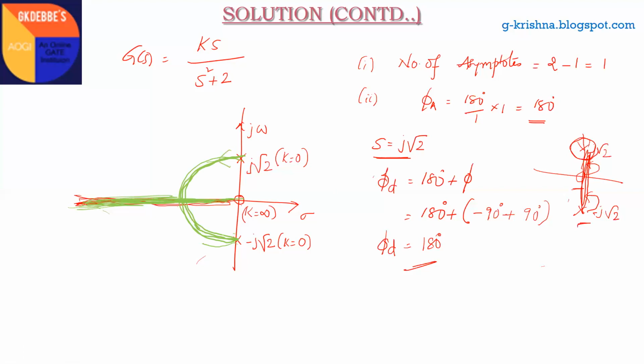As k increases, these two poles break in somewhere between 0 and minus infinity. After breaking in, one closed loop pole reaches this zero as k tends to infinity, and the other terminates at infinity with an angle of 180 degrees. Hence, the correct answer is option C.